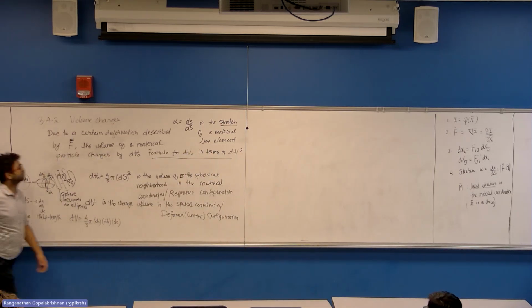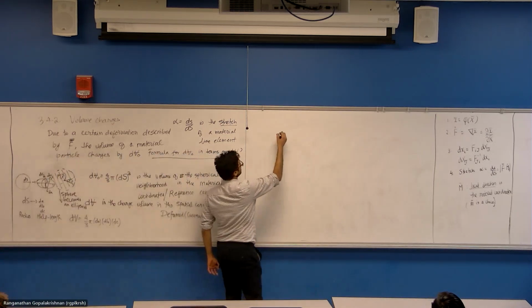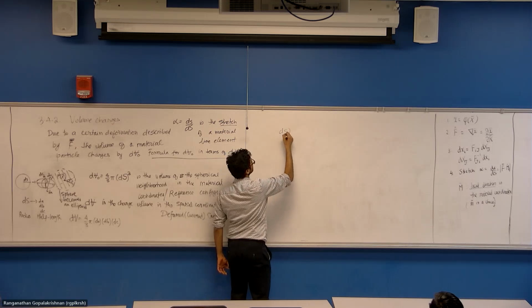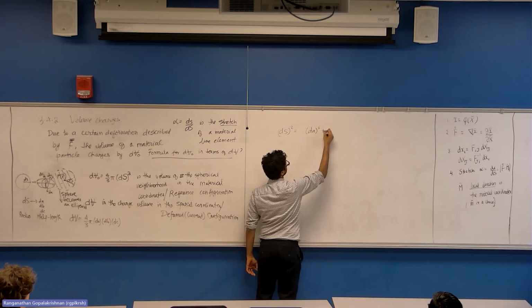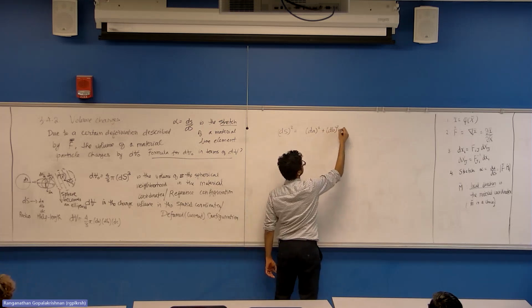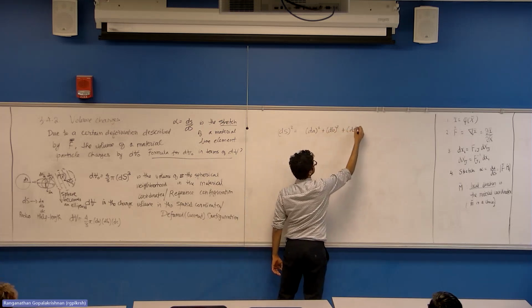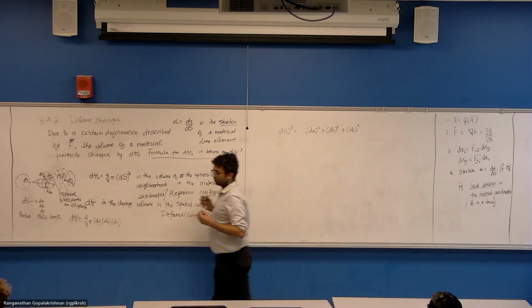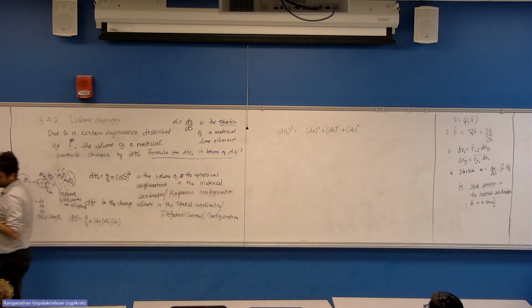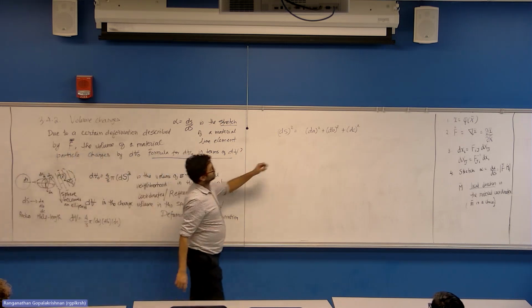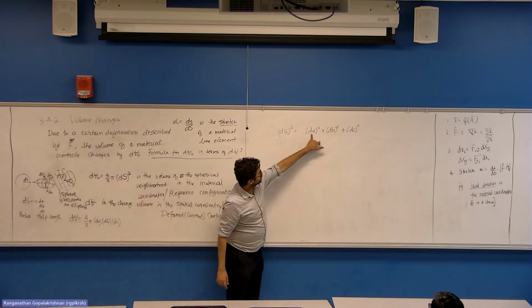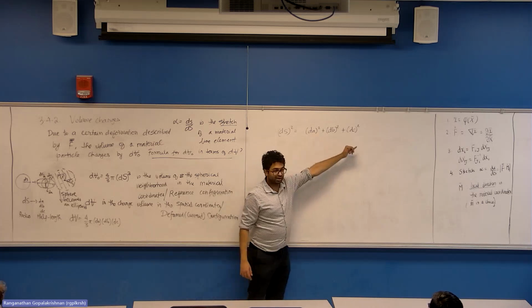If I write ds squared equal to dA squared plus dB squared plus dC squared, what would you say? Like a local change in length or a local change in distance is equal to the sum of the change along 1, 2, 3 directions.